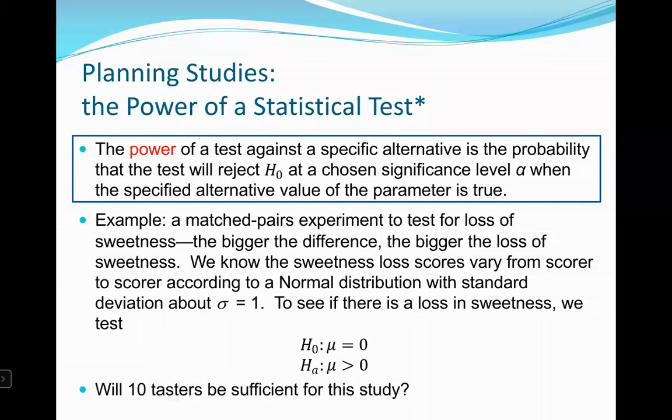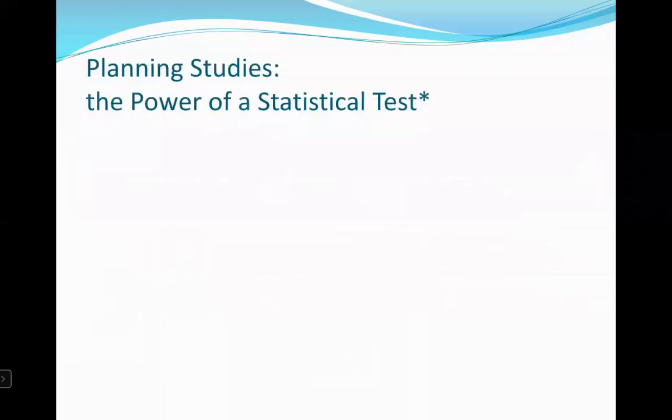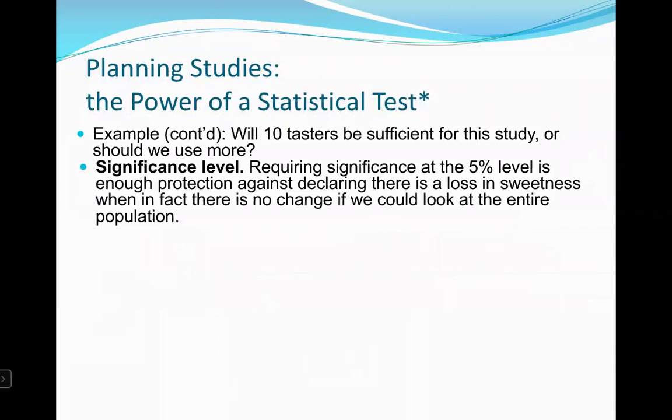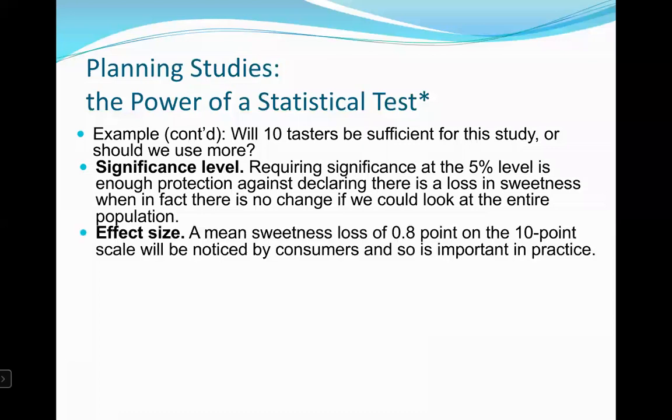Will 10 tasters be sufficient for this study? Or should we use more? Significance level. Requiring significance at the 5% level is enough protection against declaring there's a loss in sweetness when in fact there is no change, if we could look at the entire population. Effect size.